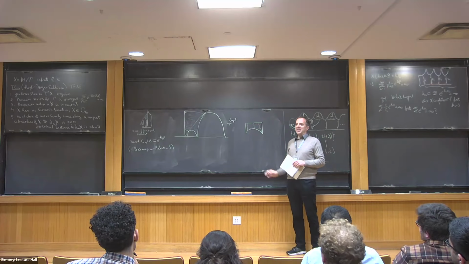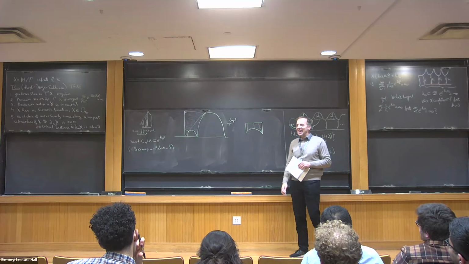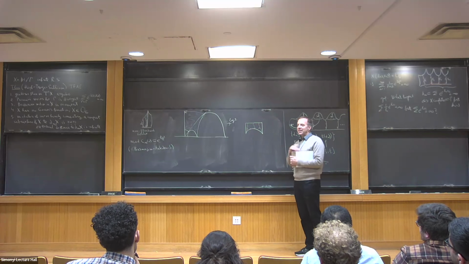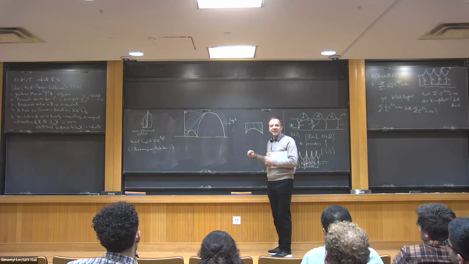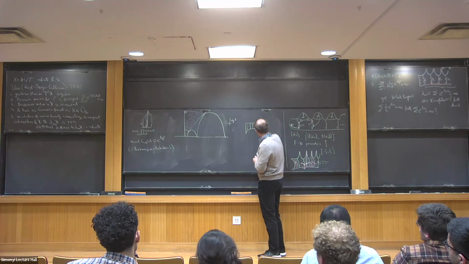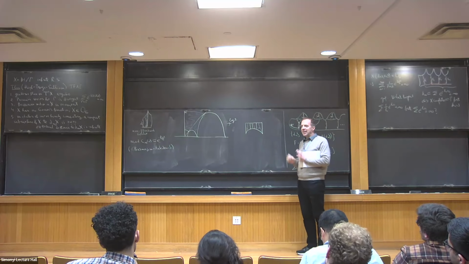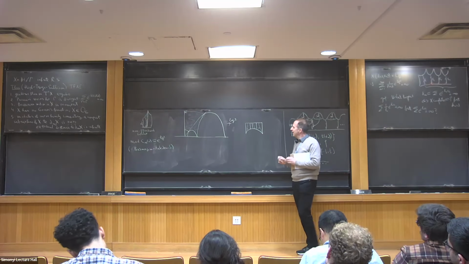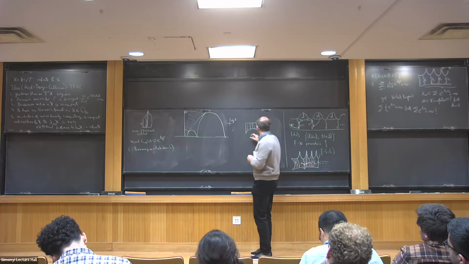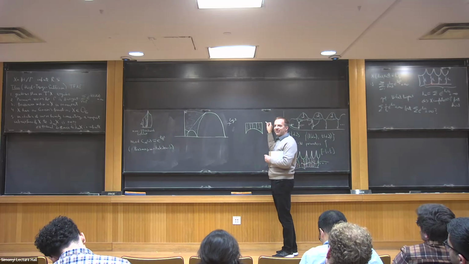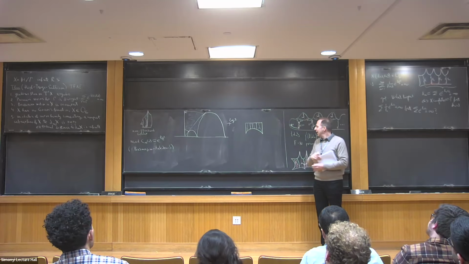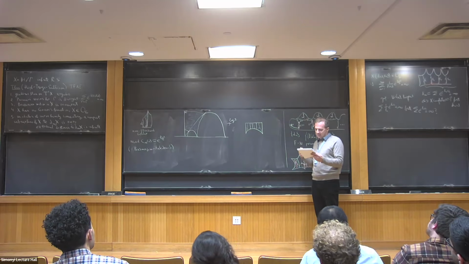We have an explicit function, but that's not usually very useful in estimating modulus. So what we were able to show, and I think I'm running out of time, so I won't be able to show you a proof, but what we were able to show is that essentially, asymptotically, you can estimate the modulus of this thing with the integral of the height function. So you basically integrate the height function, and that's the estimate.